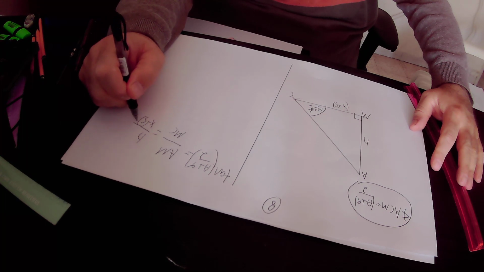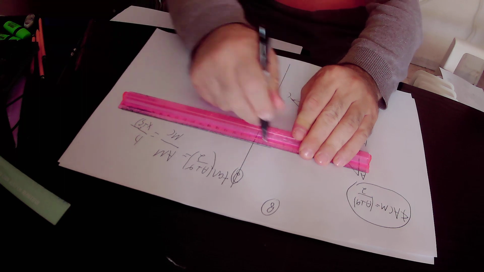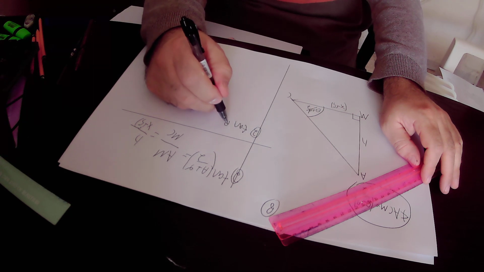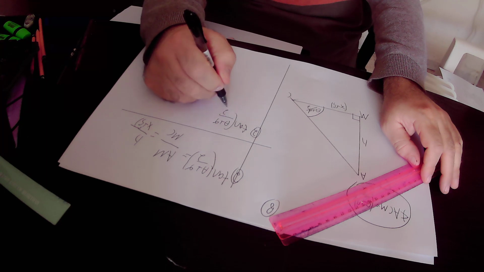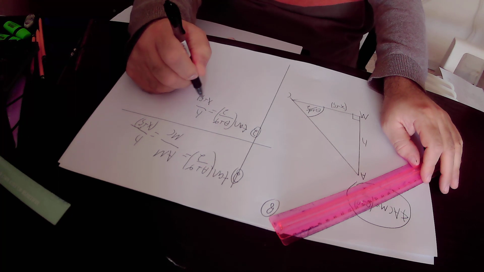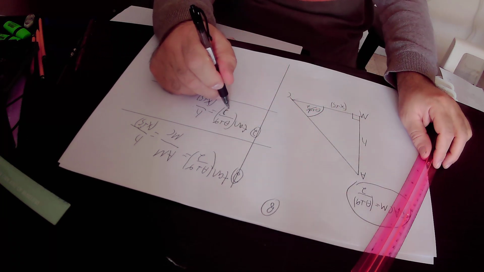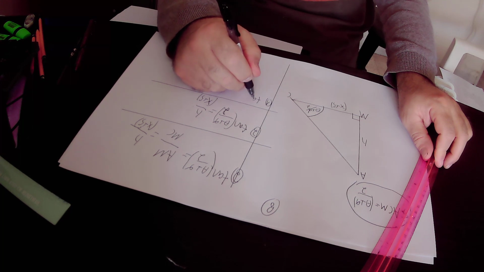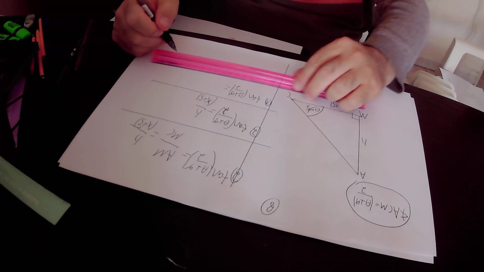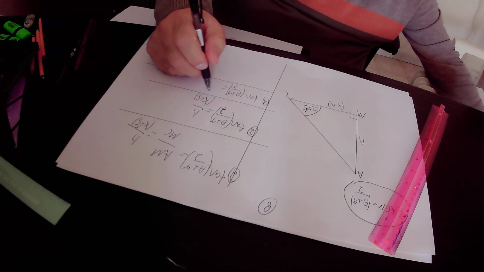So in conclusion, according to equation number 2, tangent theta plus alpha over 2 is equal to H over X plus 5, and according to equation number 1, we have already found out that tangent theta plus alpha over 2 is equal to 5 over H.